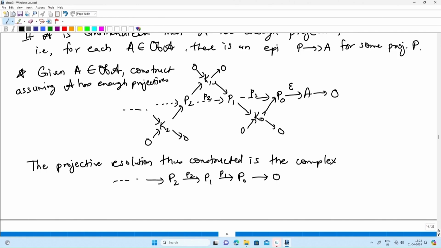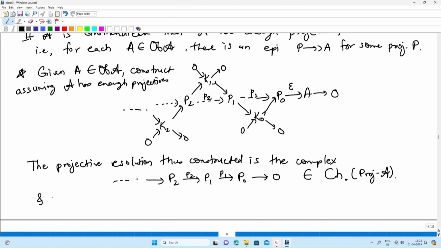This complex is actually in the category of chain complexes over the projective objects in A. So we are actually taking a much smaller collection. The projective objects form an additive category, they do not necessarily form an abelian category. A direct sum of projectives is projective, so they form an additive subcategory. And we are not allowed to use anything else in this particular category of chain complexes. Okay, so this is the projective resolution.